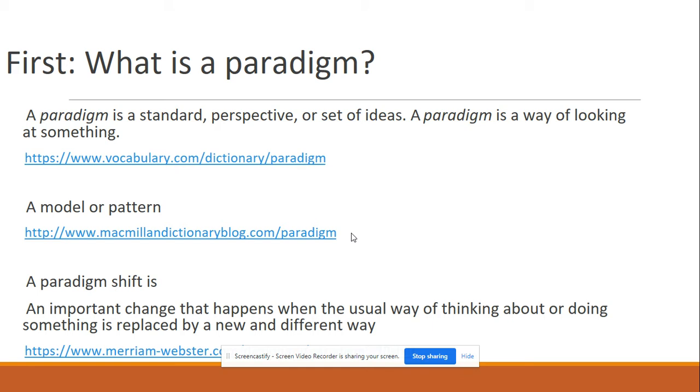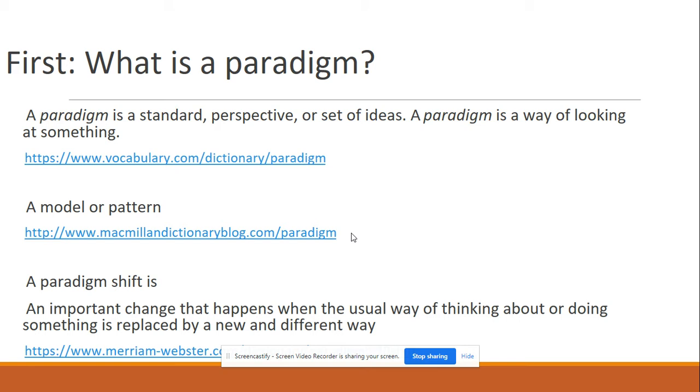A paradigm is a way of looking at something. We also can discuss the model or pattern. If you would like to click on the link, you're going to see the terms that we are using for this specific way of looking at something, or a paradigm shift.